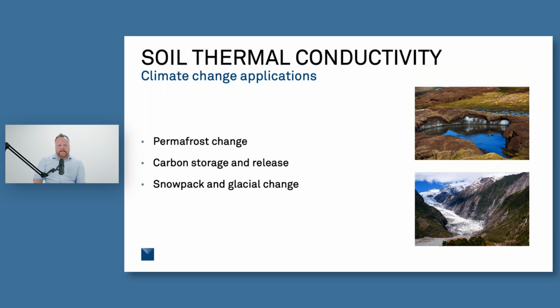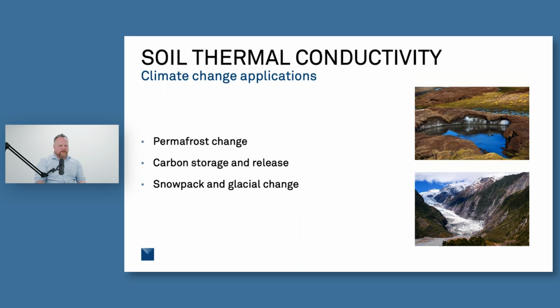Carbon storage and release we talked about a little bit with forests, but we're seeing that all over as a result of climate change, as a result of the warming of our planet. And then snowpack and glacial change. As we start to see glaciers and snowpack reduce globally, we're starting to see other materials being exposed that have very different thermal conductivities than the snow and the ice do.